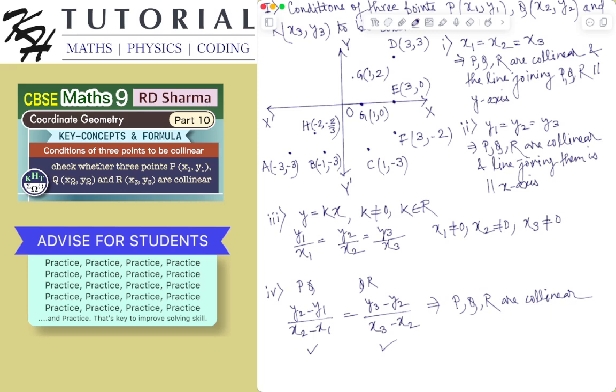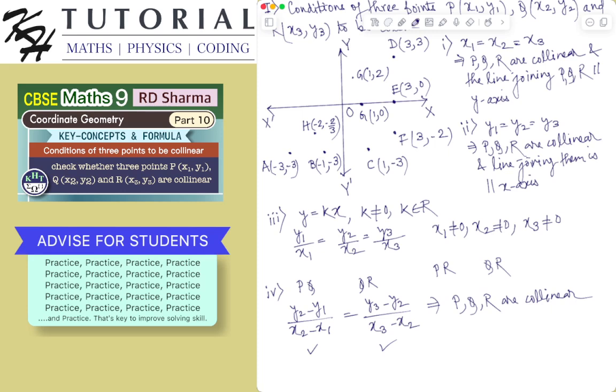Now I have considered the points PQ and QR. You could have also considered the points PR and QR. Yes, these are the two possibilities: PQ and QR or PR and QR.